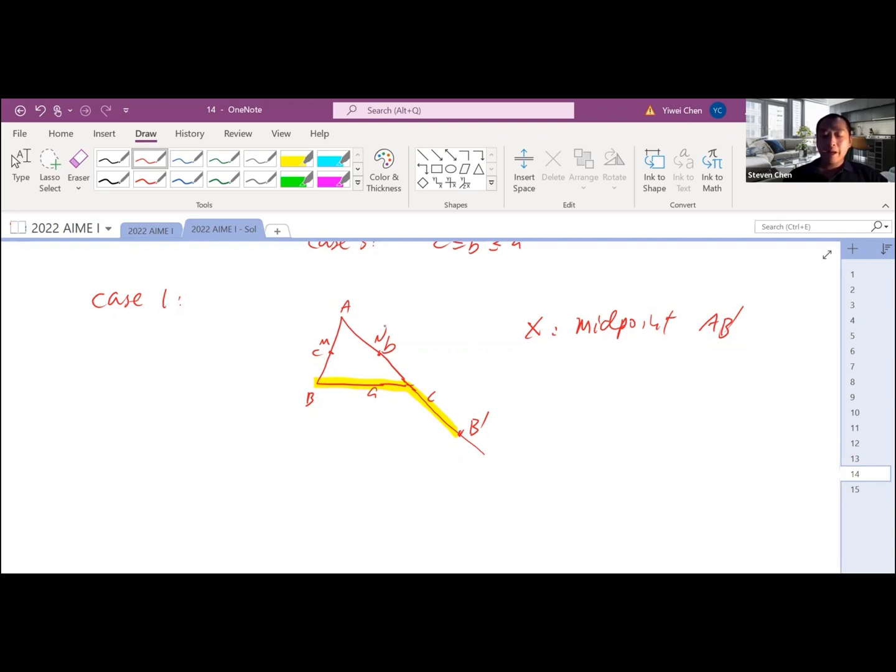Because AB is longer than BC, we could do a similar operation. Let's extend AB to a point, let me call it C prime, such that BC prime is equal to BC. By doing this operation, we know that on the line AC prime, Y should be its midpoint.